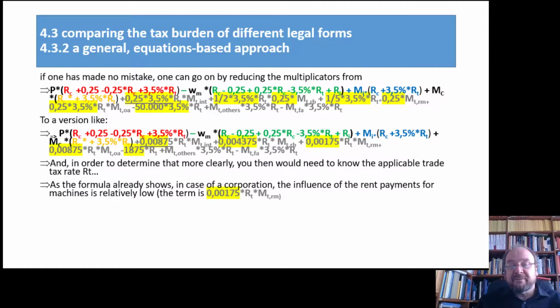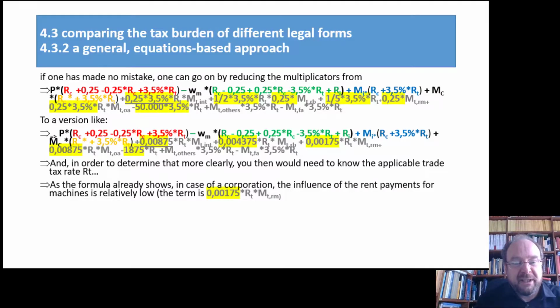Now, if the trade tax rate is approximately 407%, then we end up with less than 1% of the rent payments as additional tax burden caused by the trade tax add back.